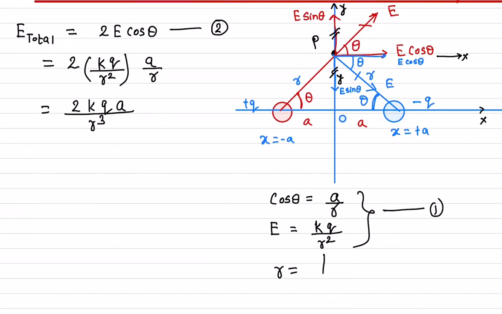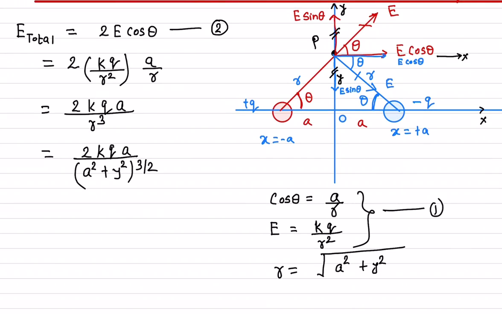And also if you look into this triangle, what is r? From the Pythagoras theorem, r squared is equal to a squared plus y squared. So I can write this as 2kqa over a squared plus y squared to the power 3 over 2.